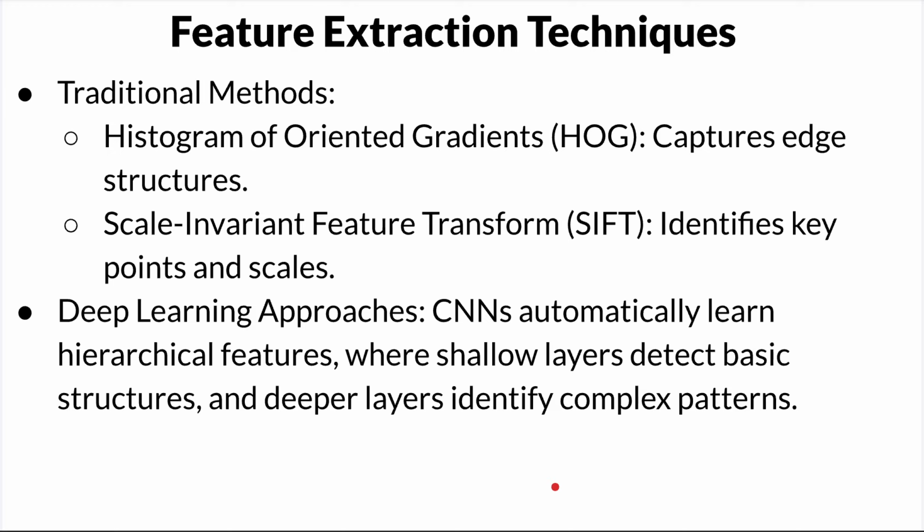All right, so when we're extracting features, we have the traditional methods and also the deep learning approach. But we are not going to use any traditional method. We are going to use deep learning approaches to extract. Some of these traditional methods, as you can see over here, are HOG and SIFT. Some of these things you can Google and find out how they are done.